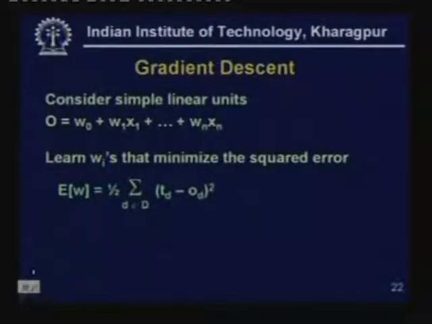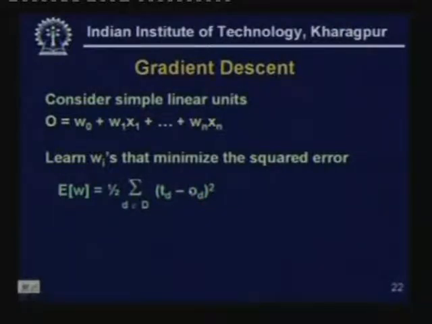Now, for the linear unit, the output is given by W0 plus W1 x1 up to Wn xn, and our task is to learn the value of the weights so that the error is minimized. Now, the definition of error that we will consider is the squared error, which is a very popular measure of error.